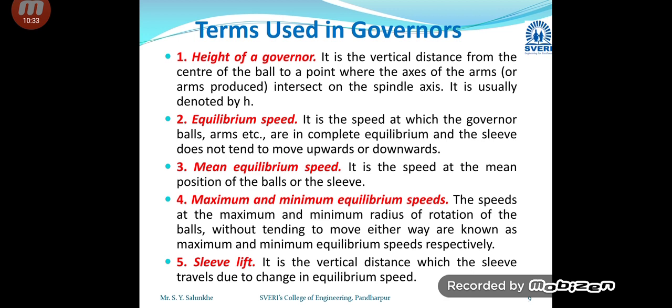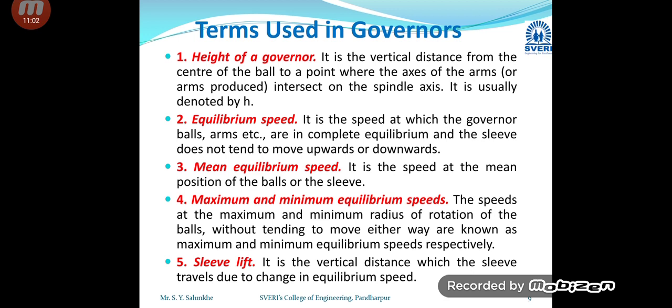Mean equilibrium speed is the speed at the mean position of the balls or the sleeve. Now how can we say mean position? There may be a maximum radius at which the balls are rotating, that is, flying out, and that will be the maximum position, whereas there may be a minimum below which the balls may not come inside, and that will be the minimum position.